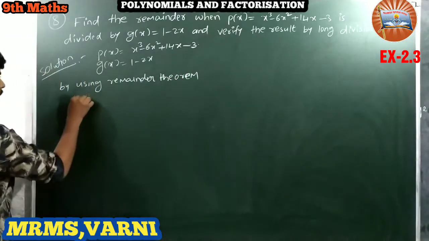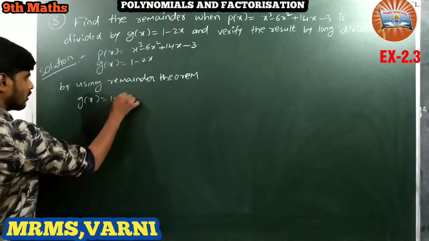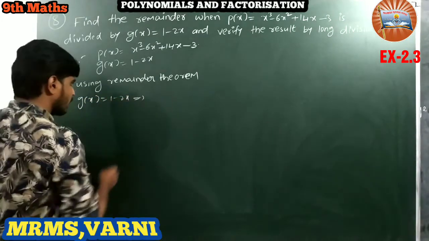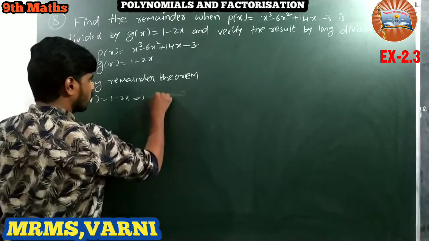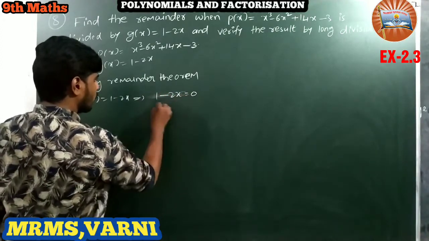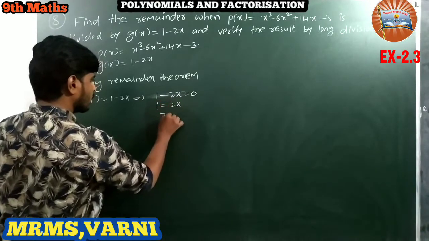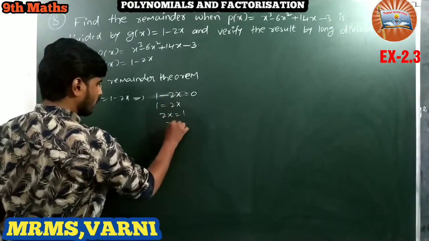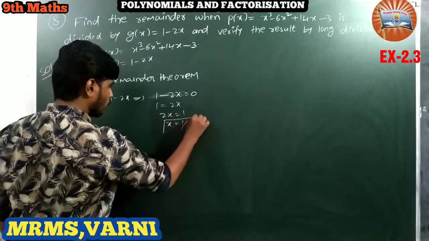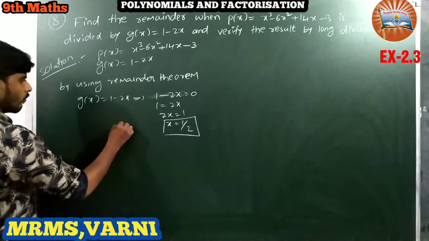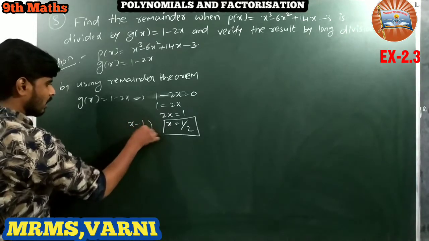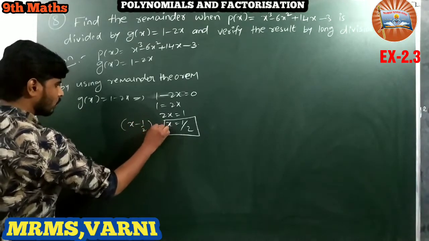g of x is given as 1 minus 2x. What is the x value here? 1 minus 2x is equal to 0, 1 equals 2x, 2x is equal to 1, x is equal to 1 by 2. Now it's nothing but x minus half is equal to 0.